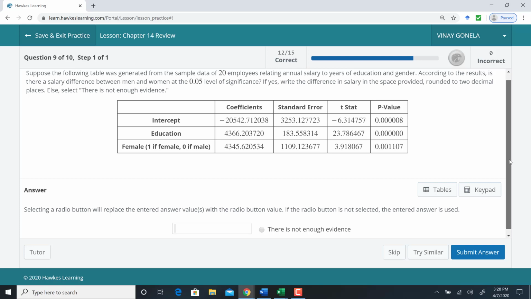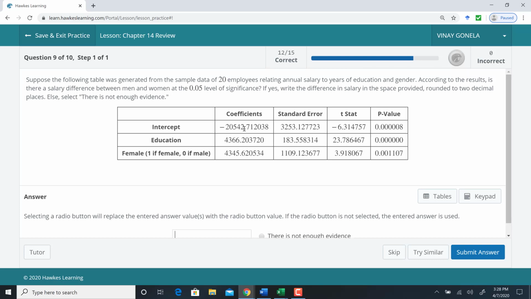Now, instead of asking you to get these values, they have given these values to you. So let's read what's the question. Suppose the following table was generated from the sample data of 20 employees relating annual salary to the years of education and gender.